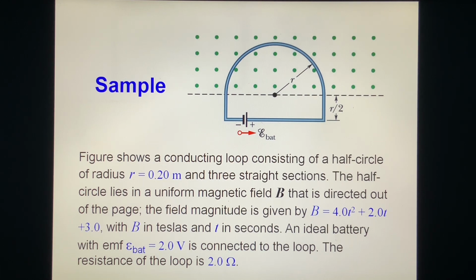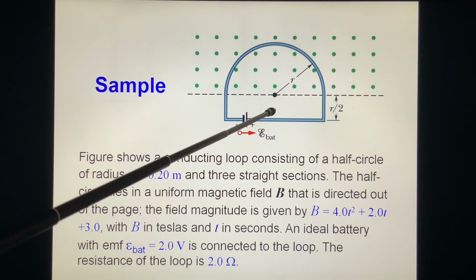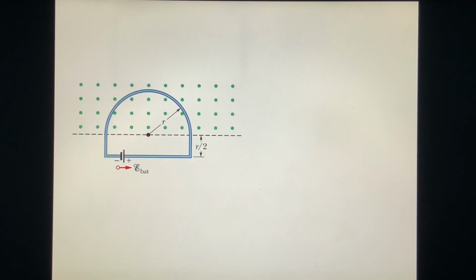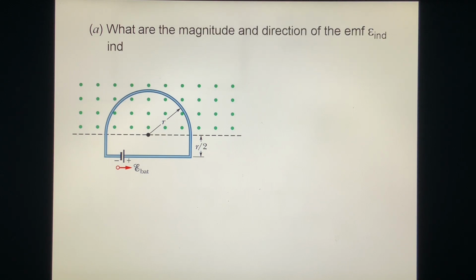An ideal battery with electromotive force 2.0 volts is connected to the loop. The resistance of the whole loop is 2.0 ohms. Question A: What are the magnitude and the direction of the electromotive force induced around the loop by field B at t equals 10 seconds?